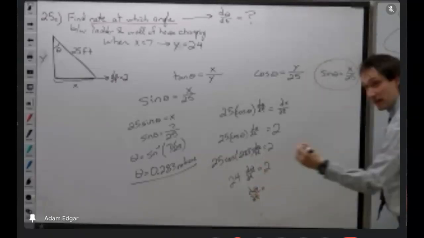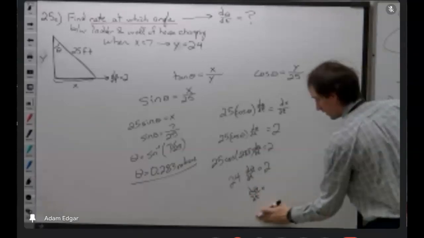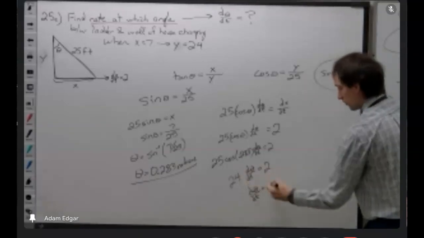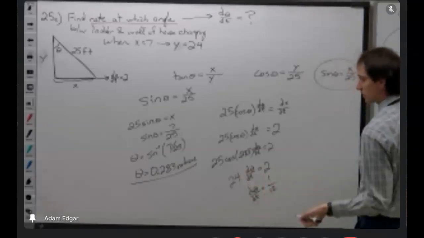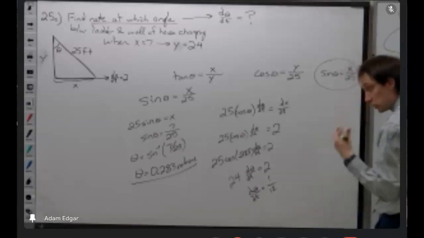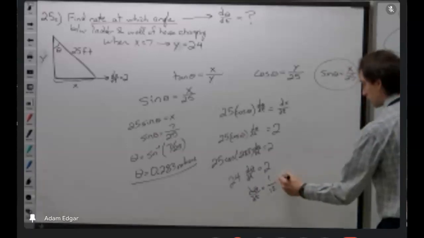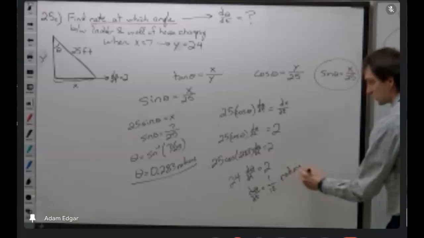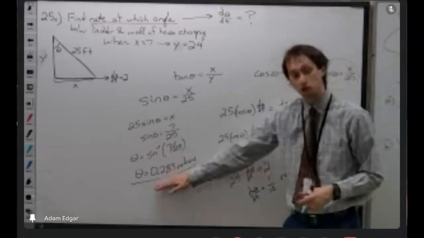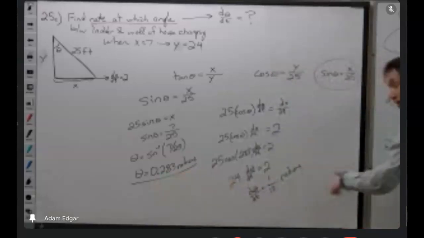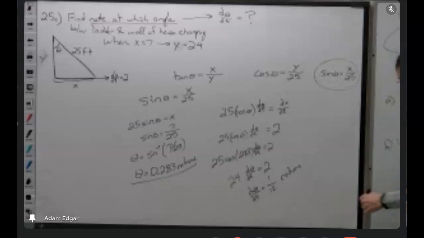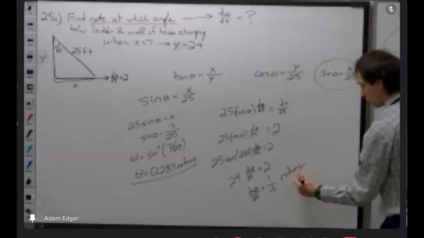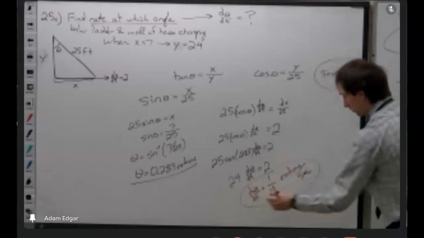You were right. So 2 over 24 is 1/12, and so that's the rate of change of the angle, and our units for the angle is radians. Now, what's weird is even if you got the angle over here in degrees, the rate of change for the angle will still be in radians, because angles are weird. So that's 1/12 of a radian per second. Right?